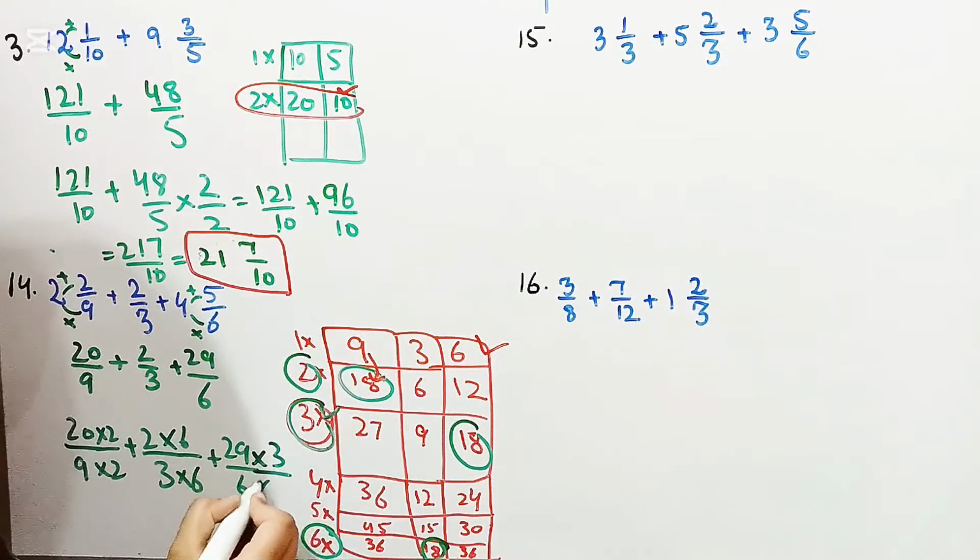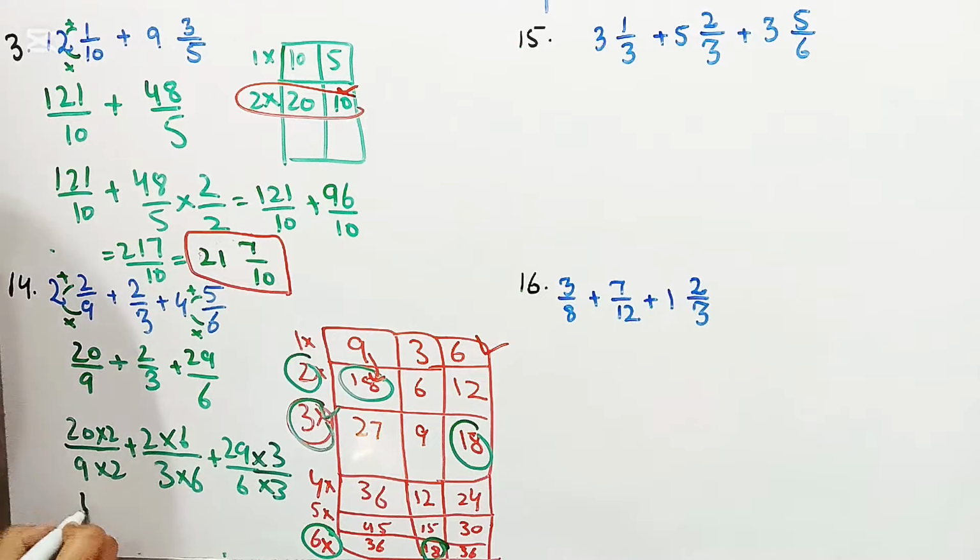Multiply with 3, multiply with 3. Now 40 by 18 plus 12 by 18 plus 87 over 18. And then my answer is 248 by 18.